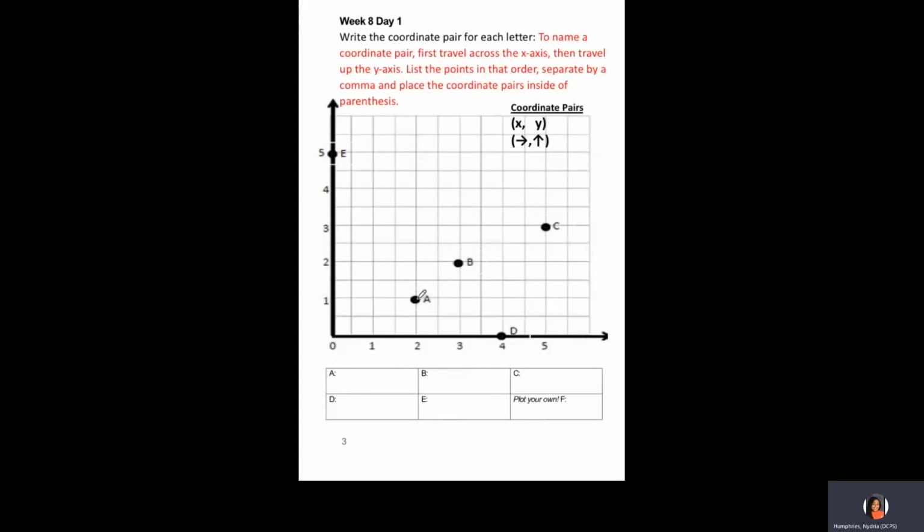So if we look at the line that A is on our y-axis, A is 1 for our y. This line is Y. And X is 2.